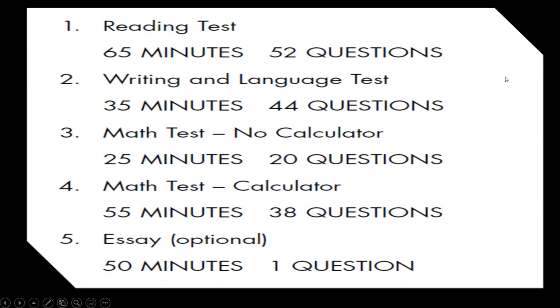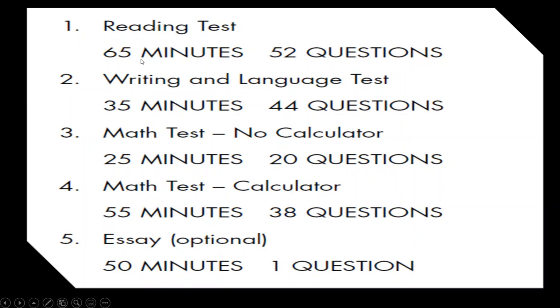The English paper consists of two papers, the reading test and the writing and language test. As for the Maths test, we have one portion which includes no calculator and another section with a calculator which is allowed. The essay in English is optional.